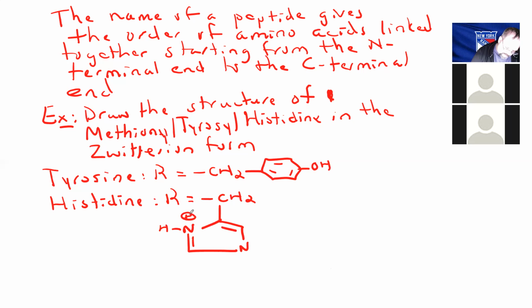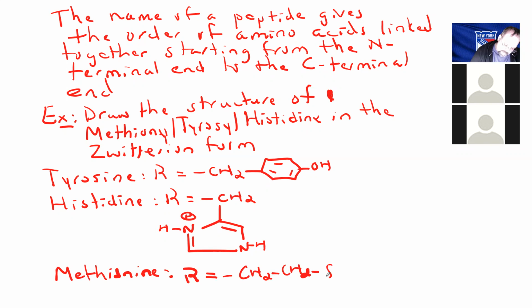And both of those nitrogens have a hydrogen. And the nitrogen that has 4 bonds has a positive charge associated with it. So that's histidine. And then for methionine, for the side chain, you have CH2, CH2, S, CH3.